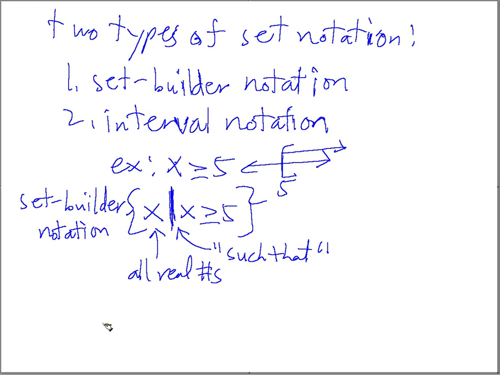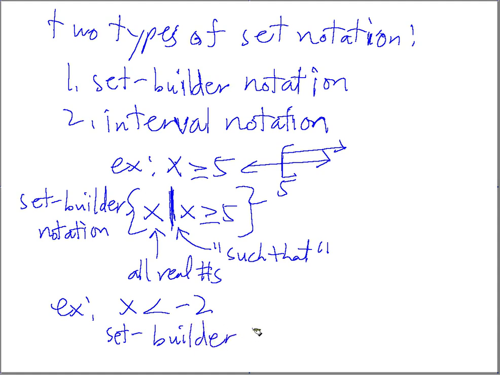Just like we had earlier, we also had x less than -2. How do we write that in set builder notation?